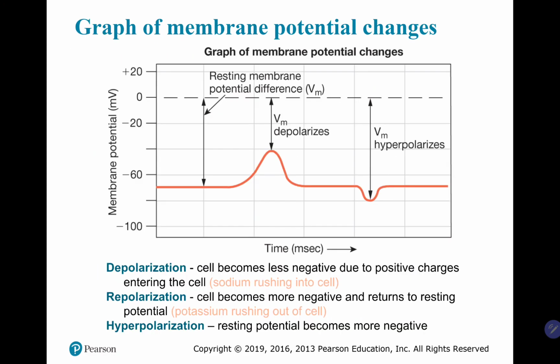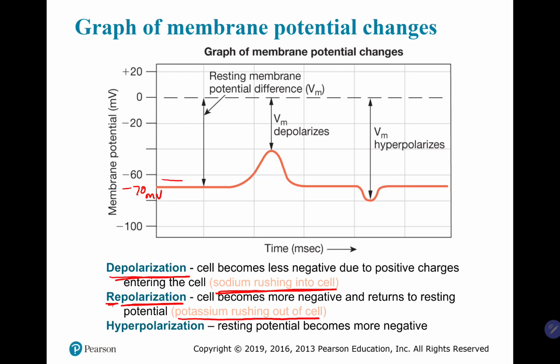When we're looking at this, remember the process of these membrane changes, right? The resting membrane potential is around negative 70 millivolts. Depolarization is when sodium rushes into the cell. Repolarization is when potassium rushes out of the cell.